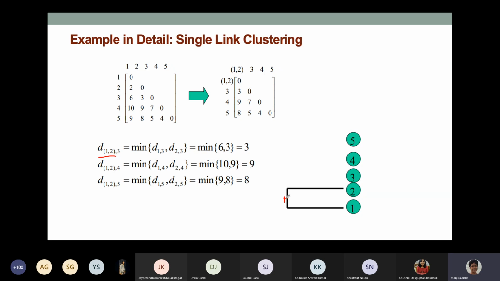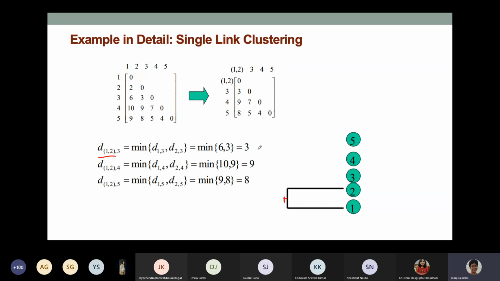As this cluster has 2 nodes, 1 and 2, and all these clusters have only 1 node, the distance between D12 and 3 will be the minimum of the distance between D1 and 3 and D2 and 3, which from the matrix is the minimum of 6 and 3, which is 3. Then the distance between D12 and 4 will be D1 and 4 and D2 and 4, which will be 9. And D12 and 5 will be D1 and 5 and D2 and 5, which will be 8.